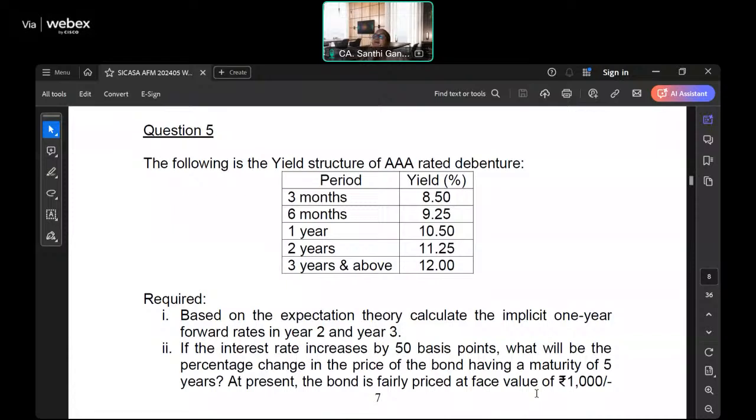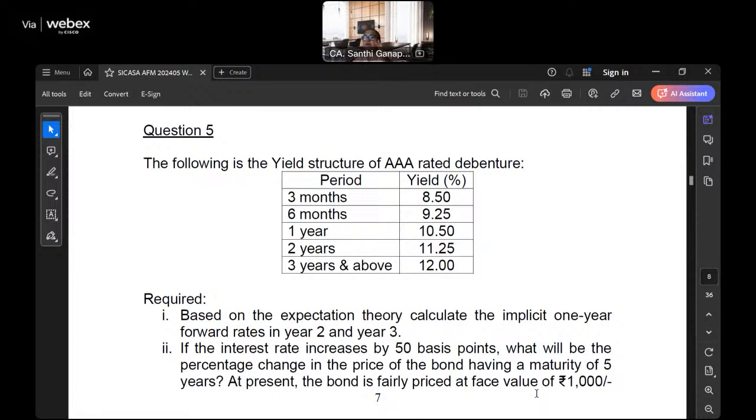The yield curve is a graphical representation of the yields of bonds of equal credit quality but different maturity dates. We are looking at a graphical representation of the yields of bonds of equal credit quality but different maturity dates.